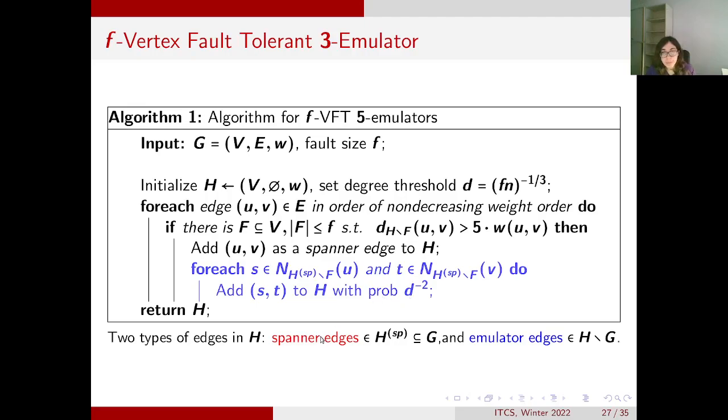And you'll see that it will be helpful to consider 2 types of edges in H. The spanner edges, which are the edges that already exist in G, and the emulator edges, which are these new sampled edges. They have different behaviors in our algorithm, as we will see.